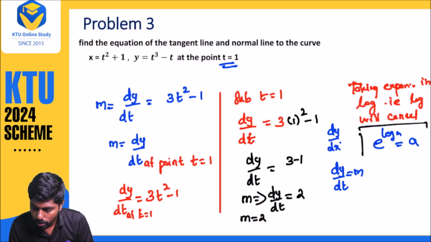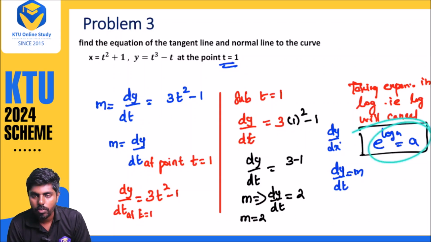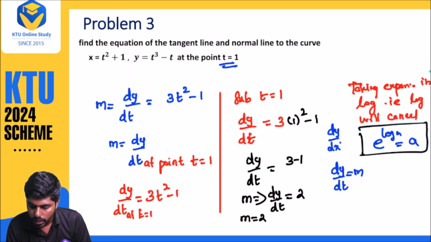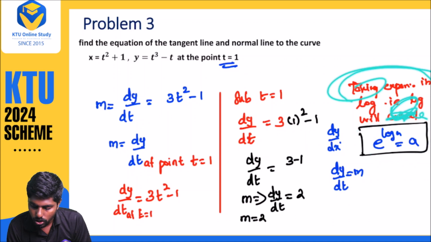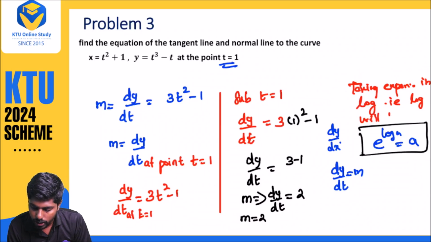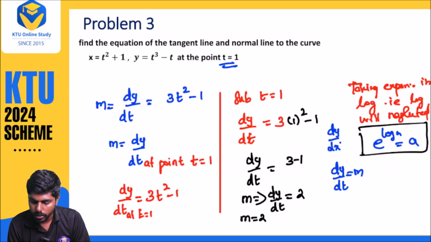That is, e power log a is equal to a only. This is the formula: e power of log a is equal to a only. Taking the exponential, the log will be neglected and only the value will remain.